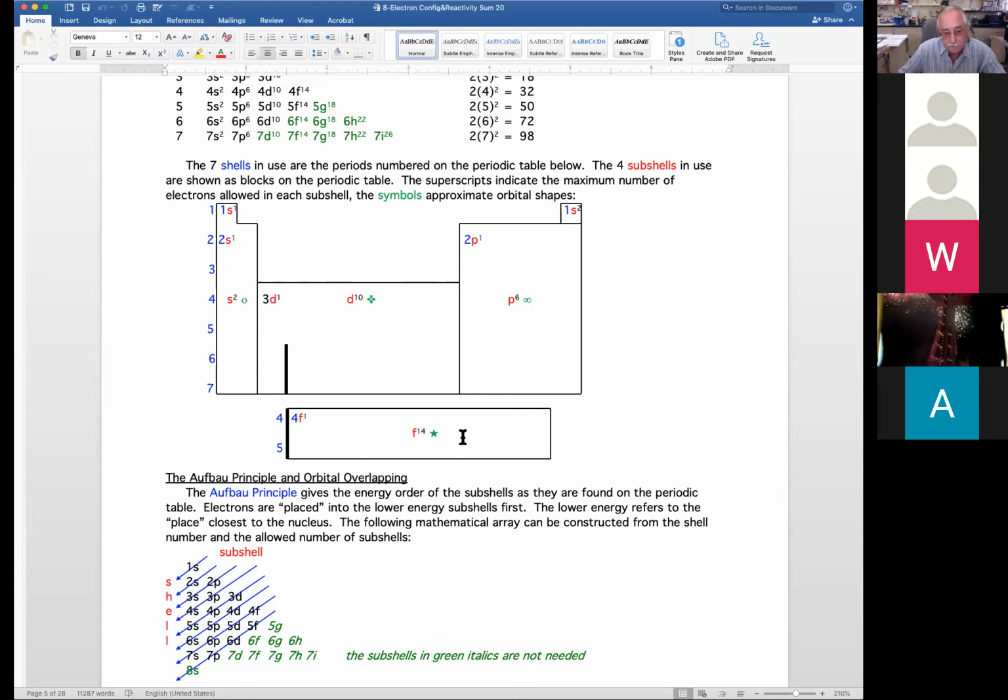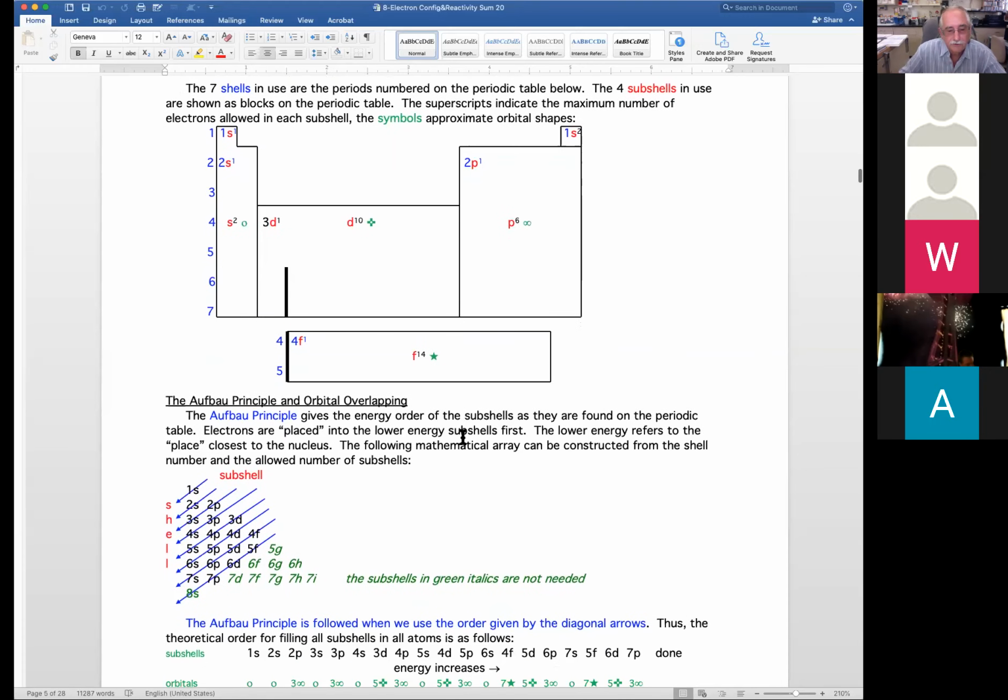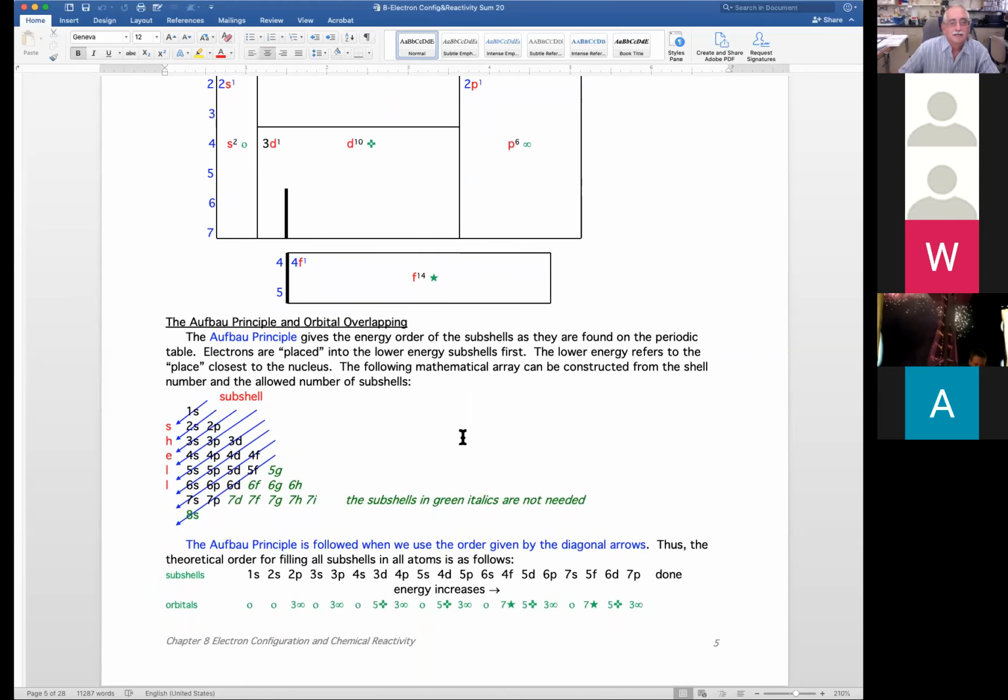So now, here's the thing that confuses a lot of students, but fortunately not you guys. It's the Aufbau principle. What Aufbau essentially means is that if you had a nucleus and no electrons, and then you started just adding electrons one by one, where would they go?